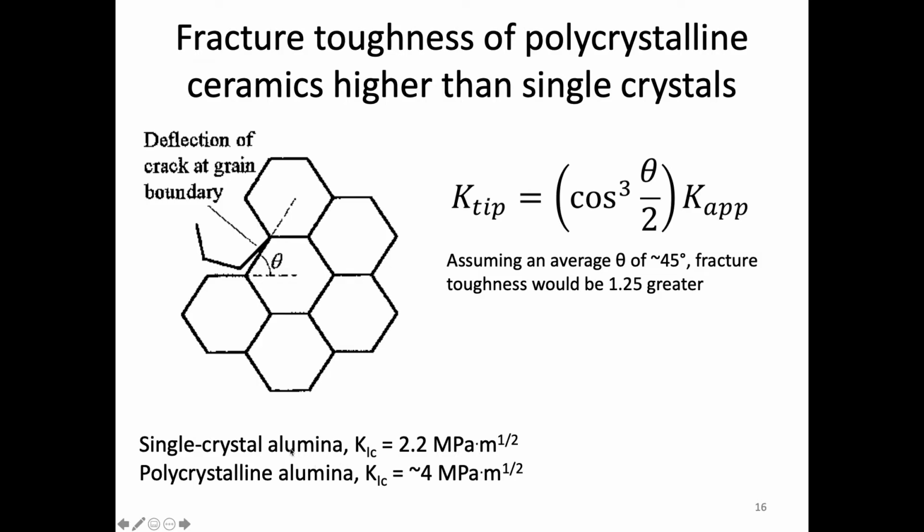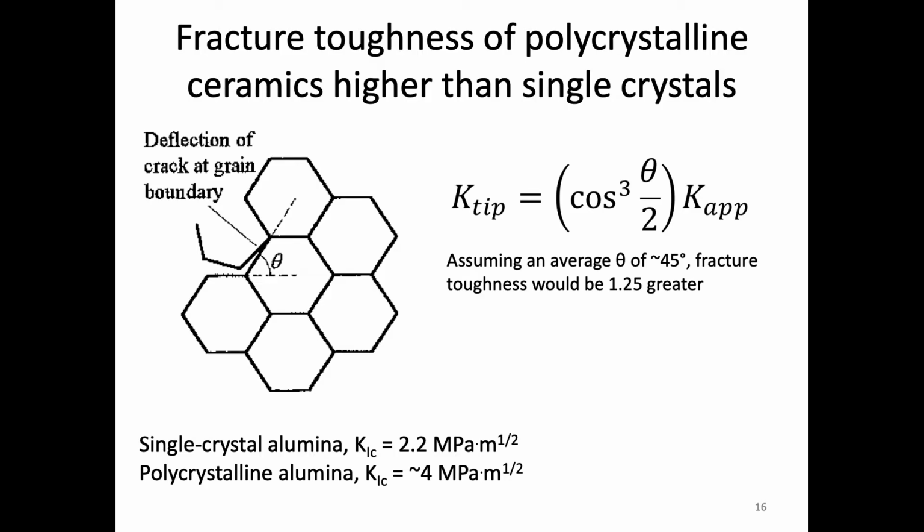Single crystal alumina has a fracture toughness, K1C, of 2.2 megapascal meters to the 1/2, whereas polycrystalline alumina is closer to 4, approximately 4 with the same units. And so this is all due to that crack deflection.